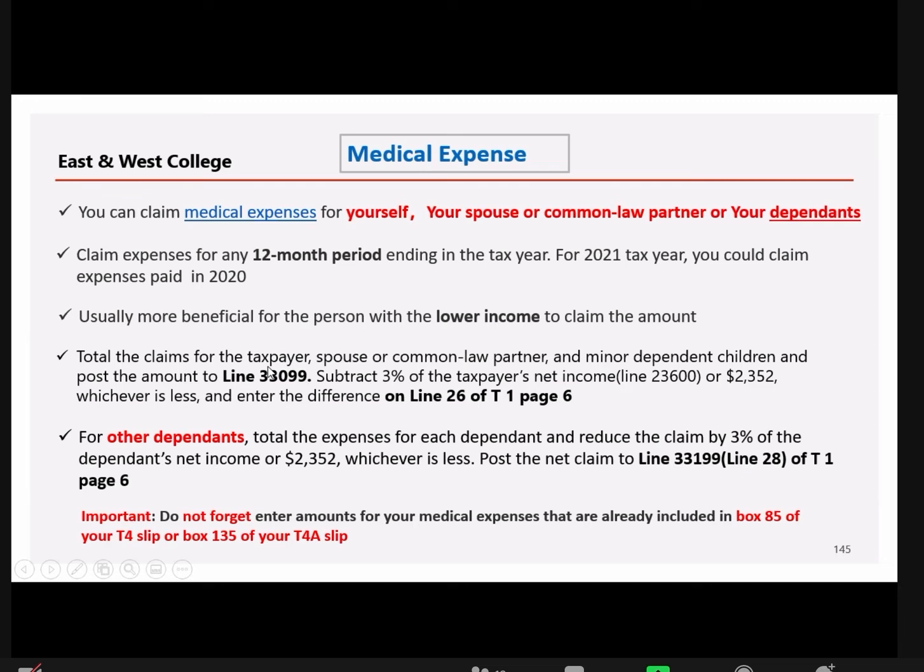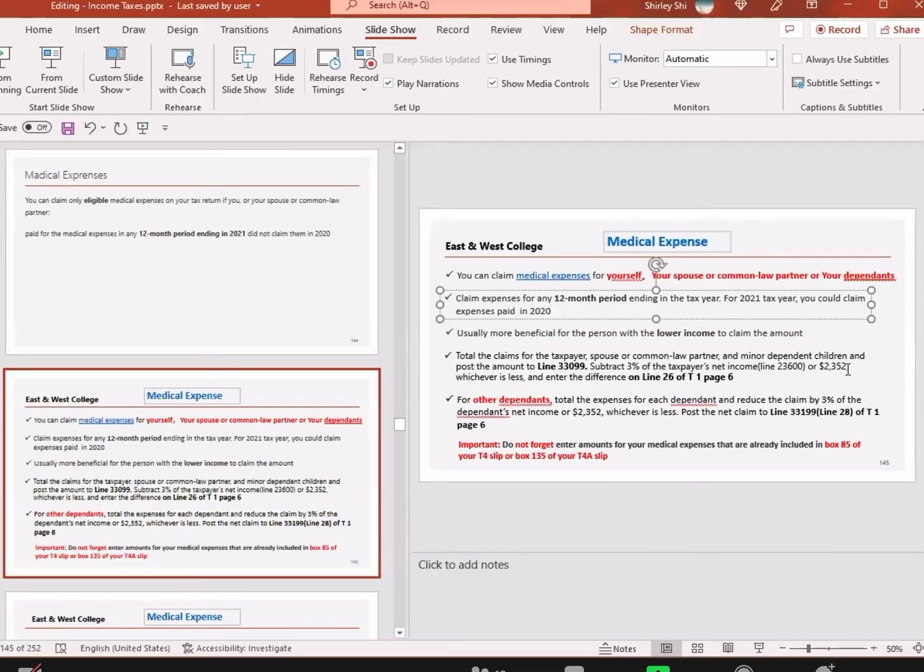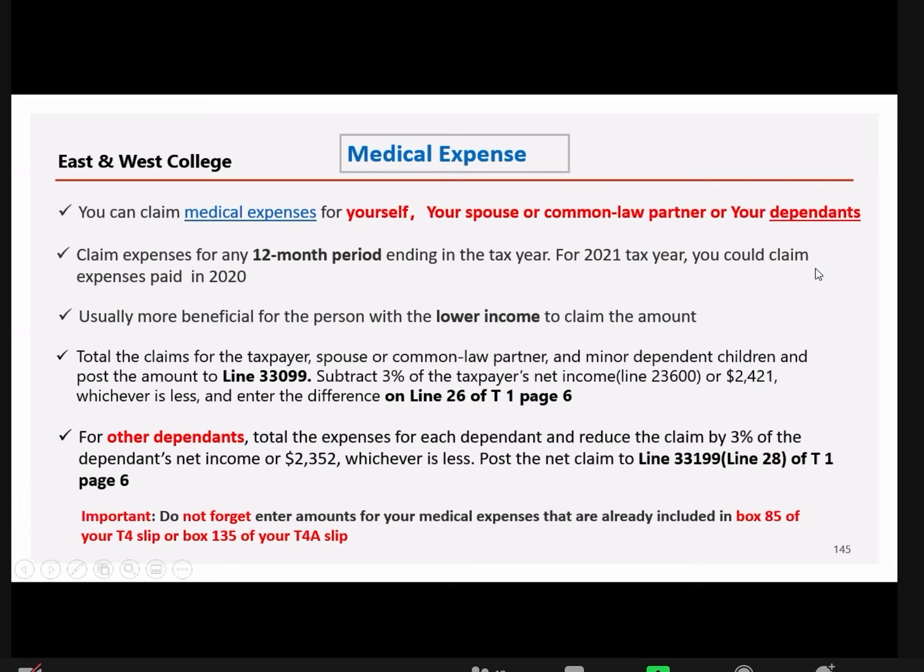Then subtract 3% of the taxpayer's net income, or the fixed amount. This number has increased, so I need to change it. In 2020 it was 2,300. Now it has come to 2,421, I think. So the subtract amount has changed to about 2,400.